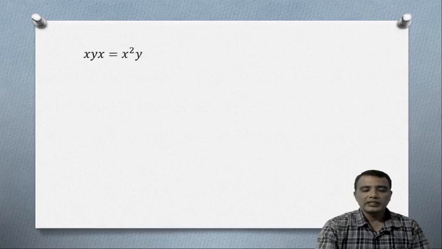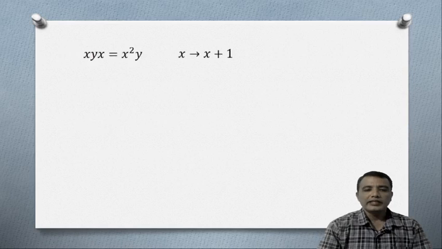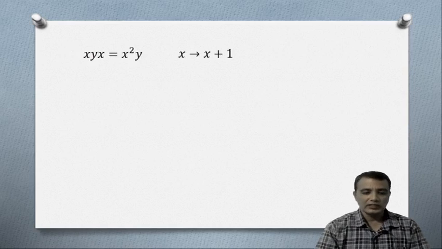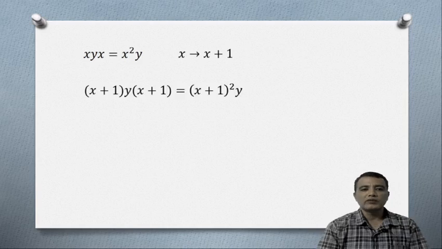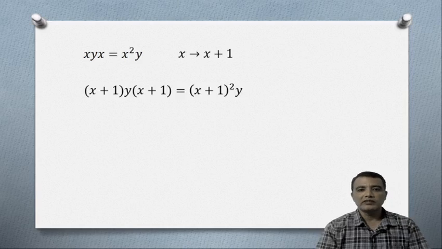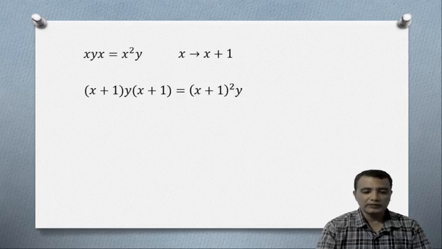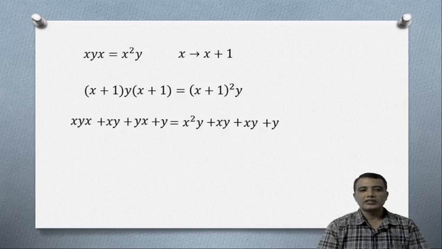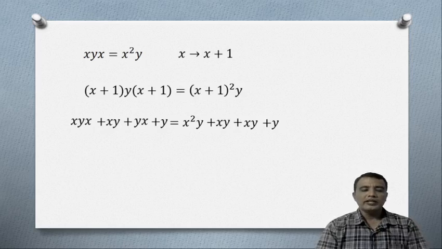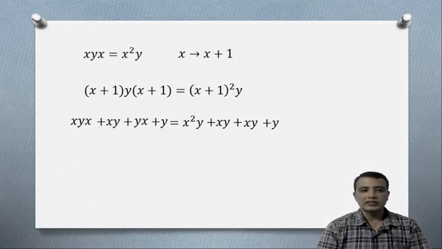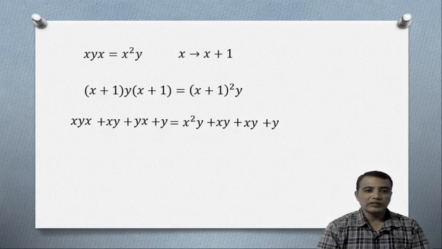Now replace here x by x plus 1. What do we get? We get (x plus 1) into y into (x plus 1), and on the right hand side we have (x plus 1) whole square into y. Now expand it. We get this result. Note here the first term contains xyx, but now we have proved that xyx is equal to x square y.